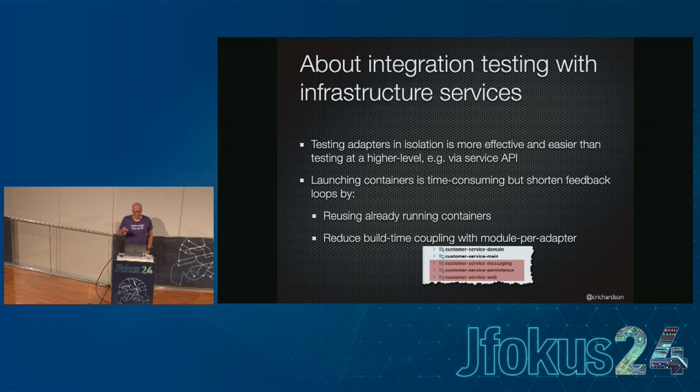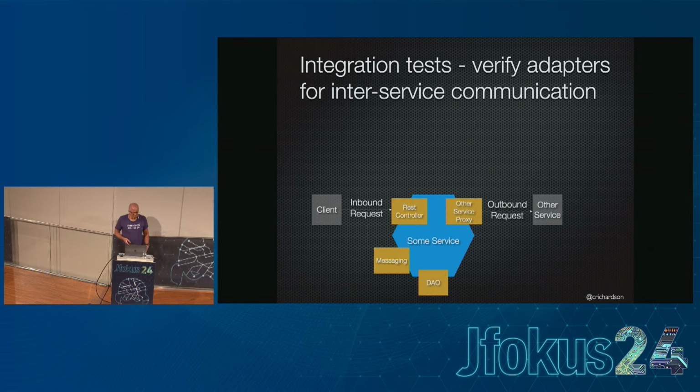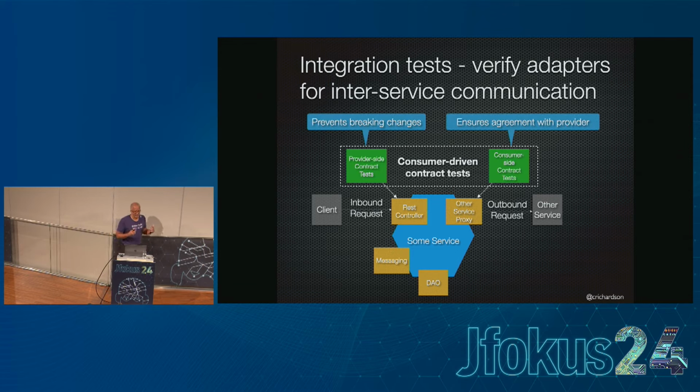Then the other kind of adapter are adapters that handle inter-service communication. So say you have a service that handles REST requests from some other service, or makes REST requests to some other service, or uses messaging to accomplish the same thing, right? That actually needs testing, but specifically what you almost always need to use is consumer-driven contract testing.